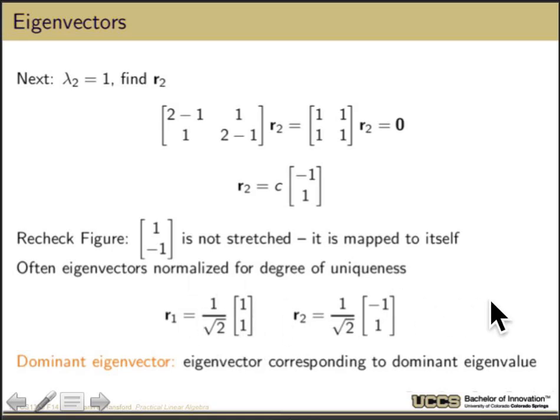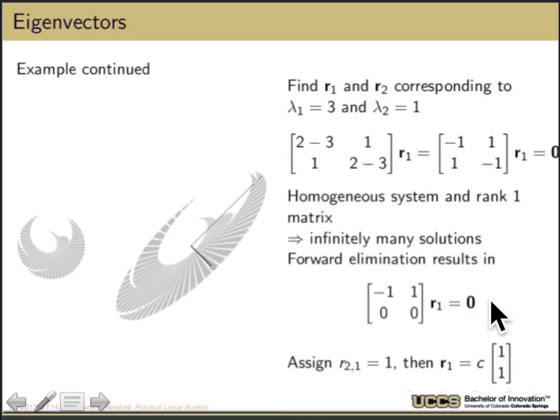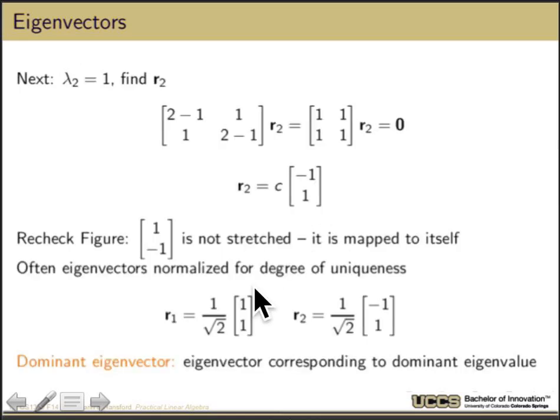The dominant eigenvector is the eigenvector associated with the dominant eigenvalue. Go back to this for a second. What do you see about that dominant eigenvalue? In this case, it's the one that got larger, the larger magnitude of the two. These both got scaled along these directions and only along those directions. This one was scaled by 3, and this one was scaled by 1, and so that's the dominant eigenvector.